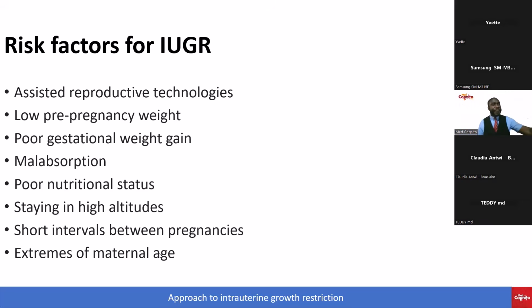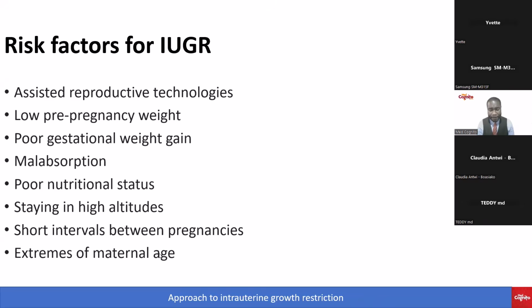Okay, we can group them into fetal and then maternal. So under fetal risk factors, we can think of fetal structural abnormalities such as those syndromes like Edwards syndrome, Patau syndrome. Also, we can look at the placenta, so there can be placenta previa and any placental insufficiencies.